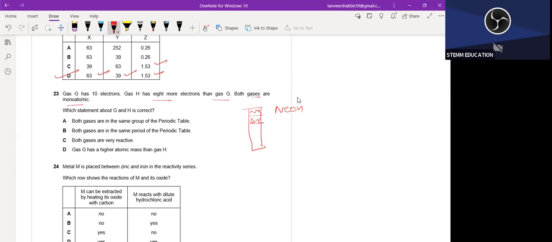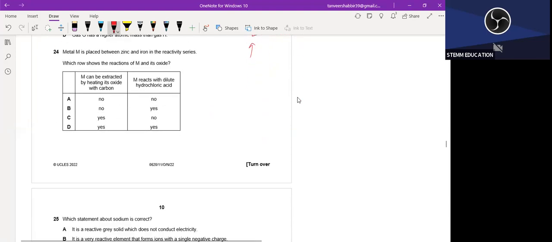Both are monatomic, which means they do not react with others. Which statement about G and H is correct? Both gases are in the same group of the periodic table. Yes. Both gases have the same period. No. Both are very reactive. No. So you can directly say that A is the correct answer, because both are in the same group, which is group 8 according to Mendeleev's periodic table and 18 according to the modern periodic table.